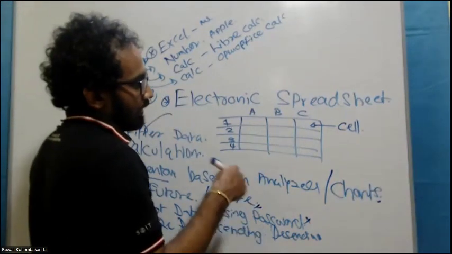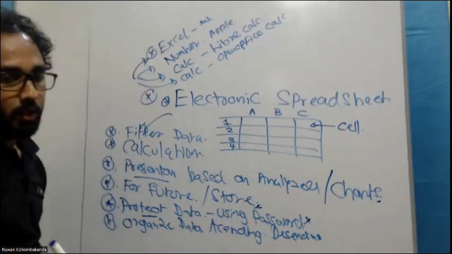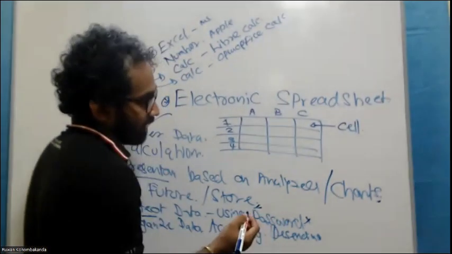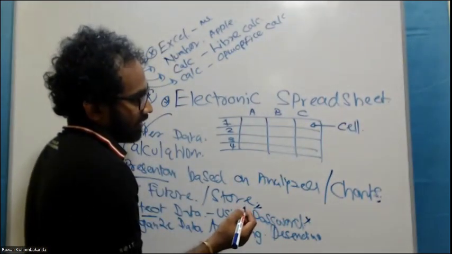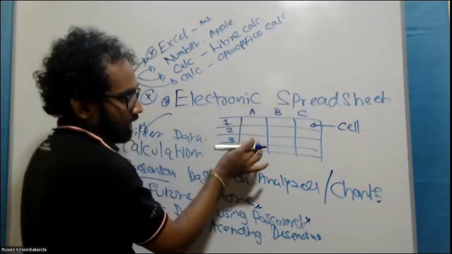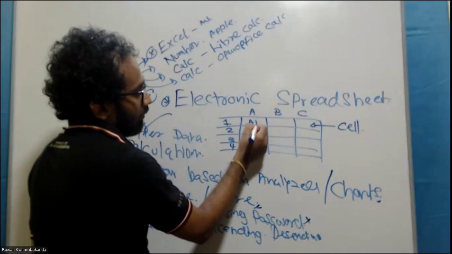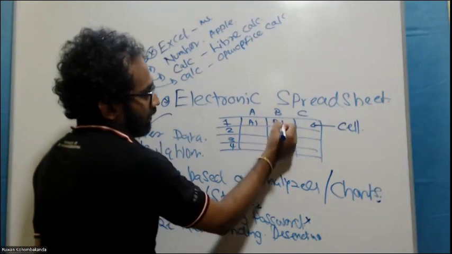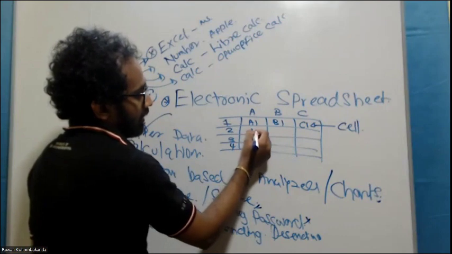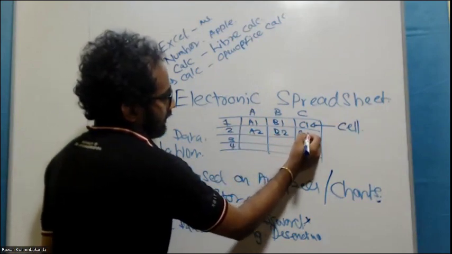How can we denote a cell? What is the name of a cell? The column name and then the row number: A1, B1, C1, A2, B2, C2.